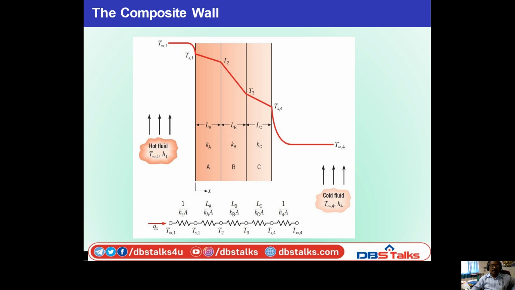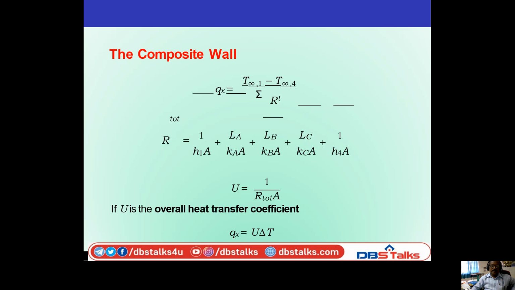The heat transfer in a composite wall is delta T divided by the total thermal resistance, which we can calculate using this equation. If you use this formula, you can find the heat transfer.